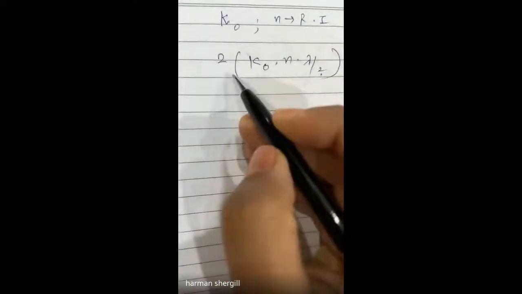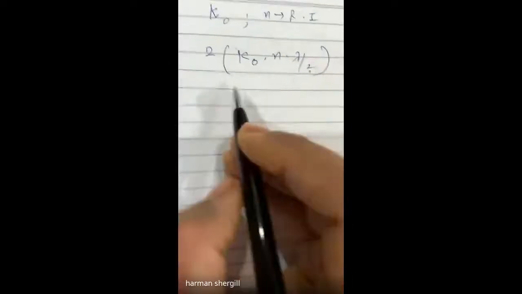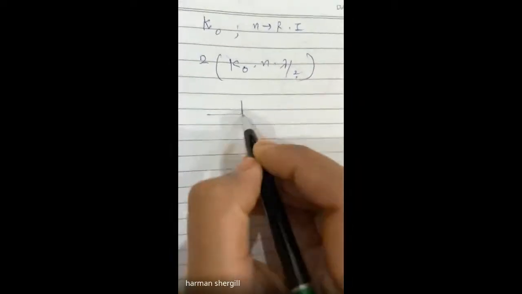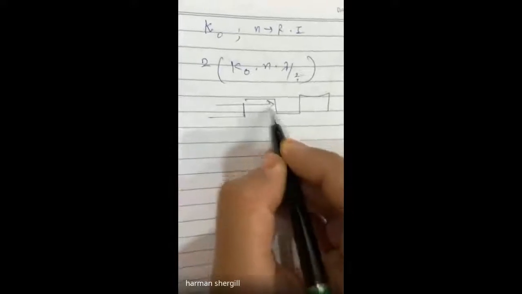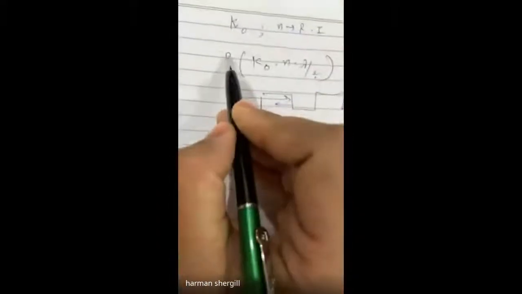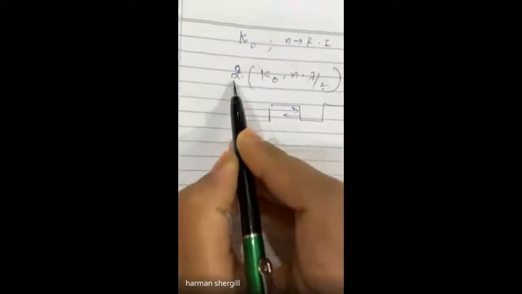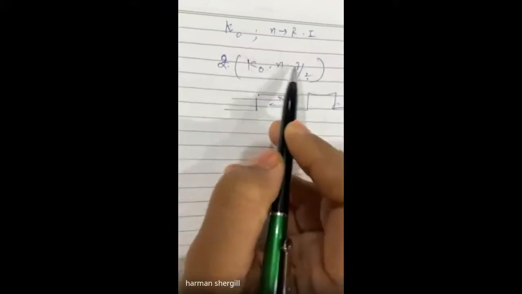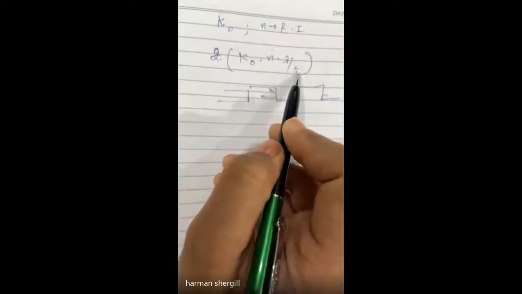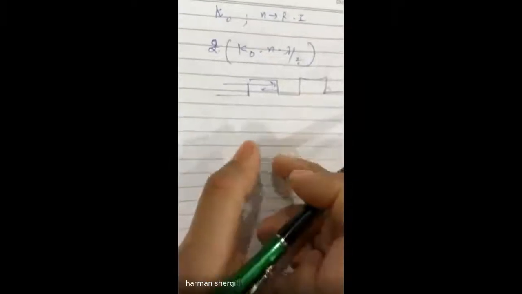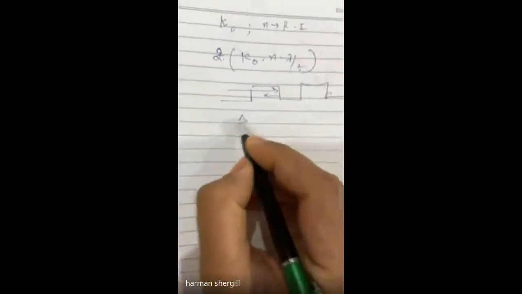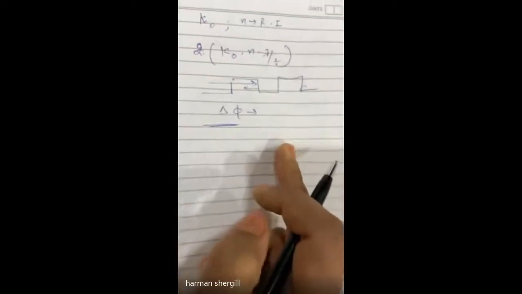And lambda by 2 is the thickness. See, it is traveling, then it is getting reflected. As it is a round trip, that's why it gets multiplied by 2. K naught is the wave vector, n is the refractive index, and lambda by 2, I've told you, is the thickness. So delta phi is the phase difference between the wave traveling and the reflected wave.